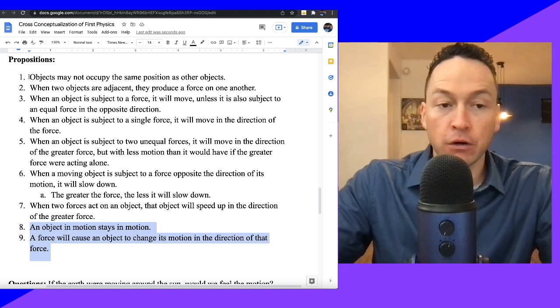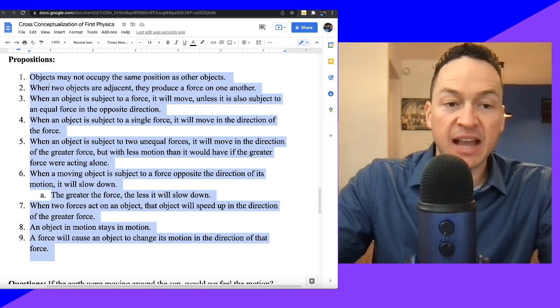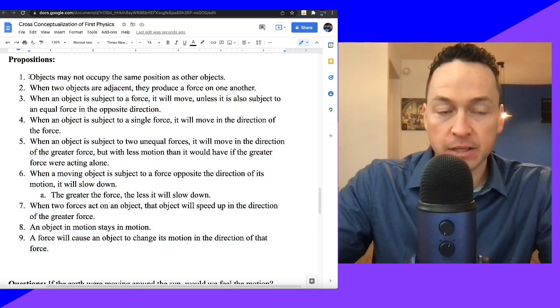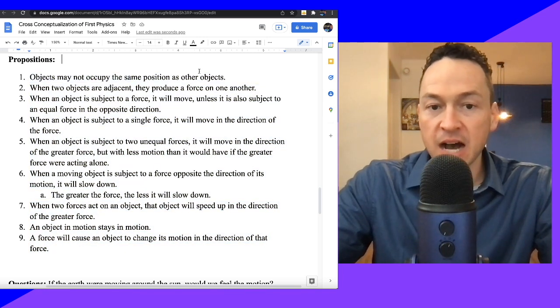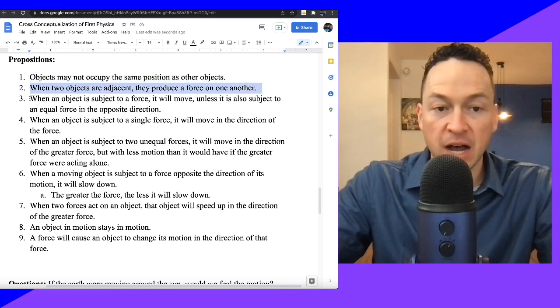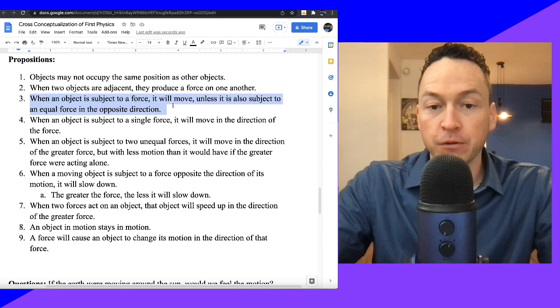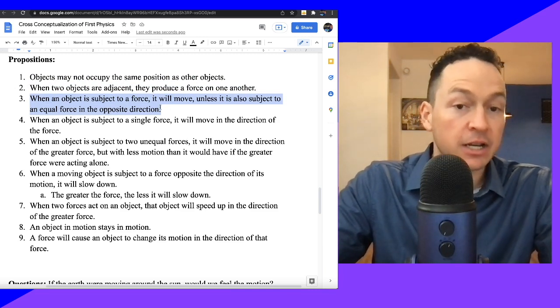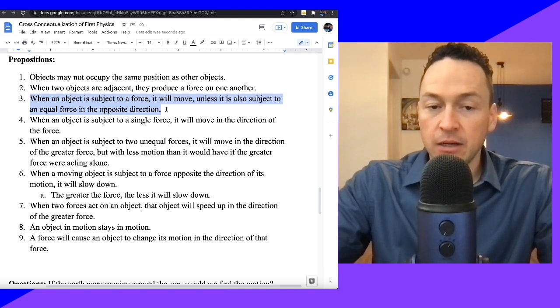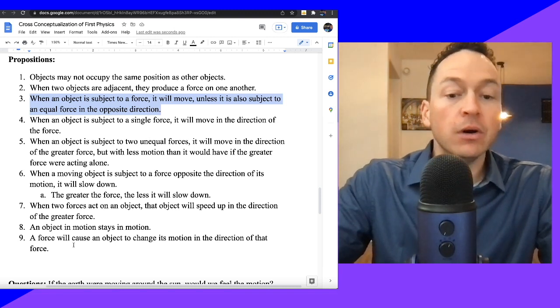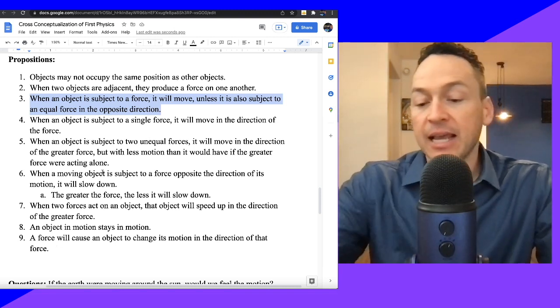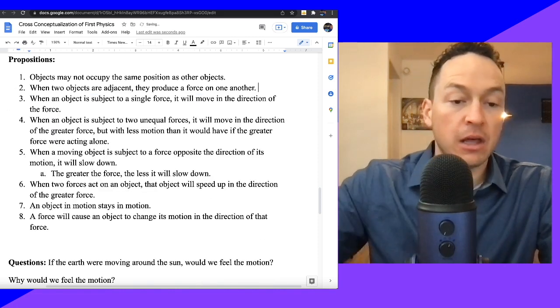Okay, let's go through our propositions and delete the bad ones. Objects may not occupy. Fine. When two objects are adjacent, they produce a force. Fine. When an object is subject to a force, it will move unless it is subject to an equal force in an opposite direction. Okay, well, we need to add an equivalent to this law.